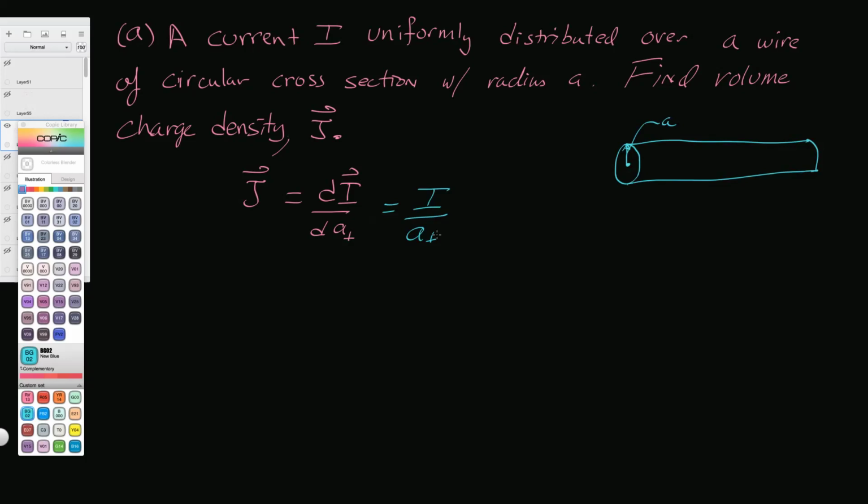So this is I over pi A squared. That is J. It's pretty simple when you think about it: you're looking for the area as the current moves down. Okay, cool.